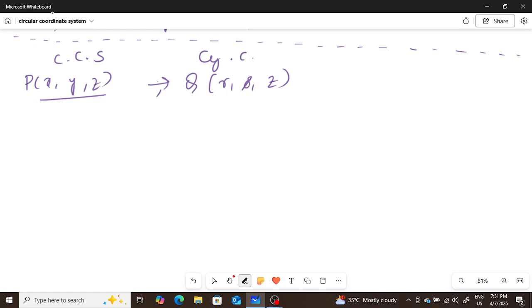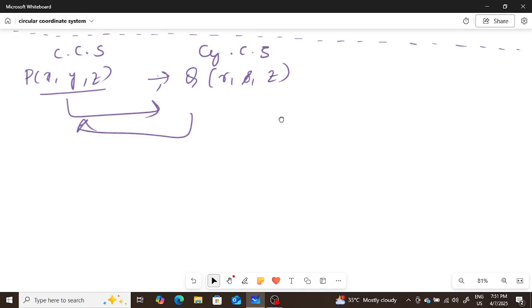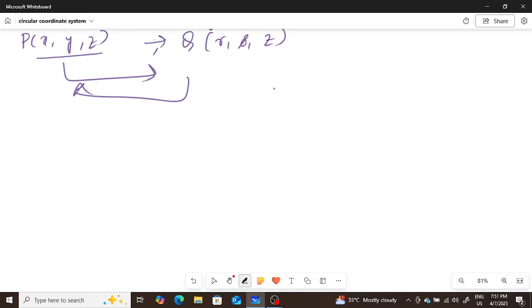For example, if one point P is given in x, y, z, and the other point Q is given in r, φ, z, you should convert them, either Cartesian into cylindrical or cylindrical into Cartesian. There is a derivation which is not necessary for your exam, so just directly write down the formula.